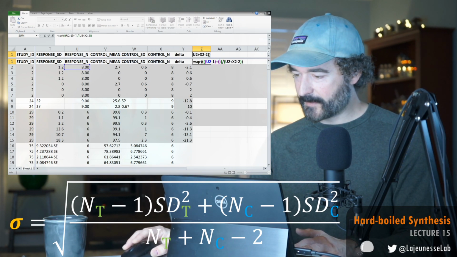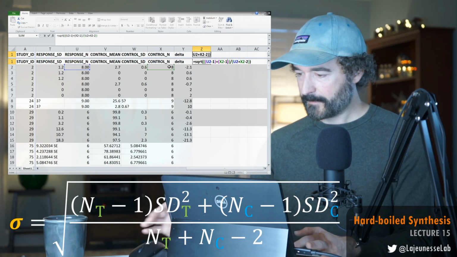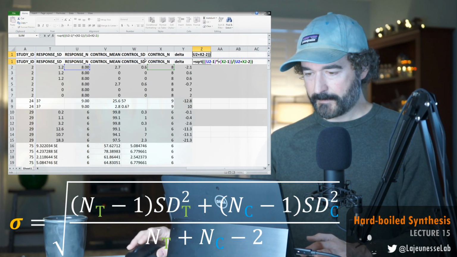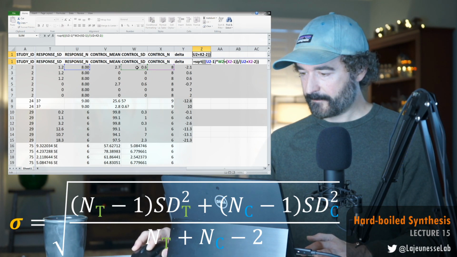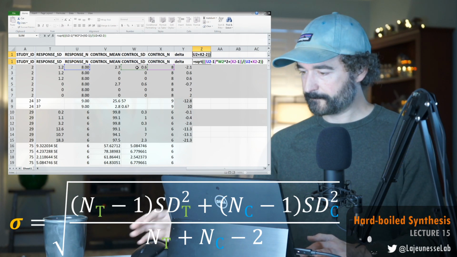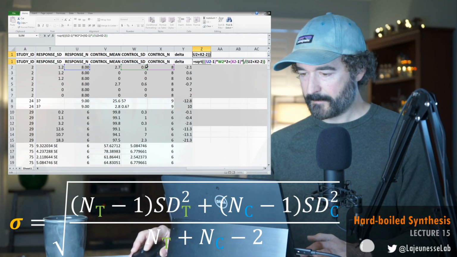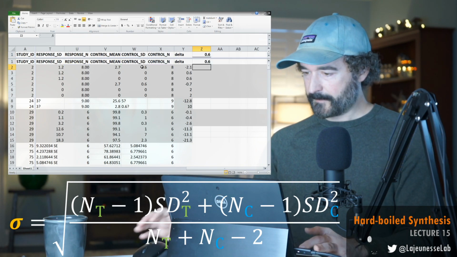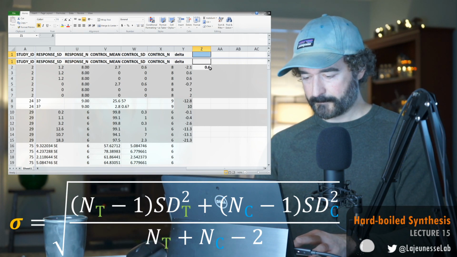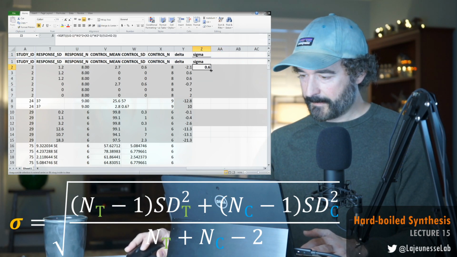This is basically the Bessel correction. Minus 1, and then multiply these by the variance, which is the square of the standard deviation. Does that work? And we'll call that sigma. And see if these are calculated.